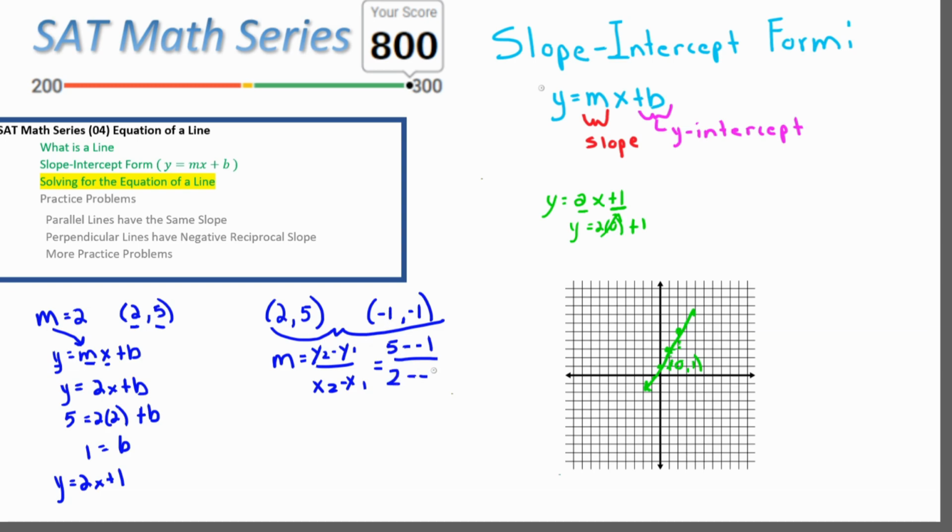And we see this minus -1 is going to be a plus, and you end up with 6 over 3, or 2. Now you have a slope, and you have two points, but just like the previous problem, with a slope and a point, you can get the equation of the line. So you would just proceed here the same way, plugging in either point, and eventually you would solve for your y-intercept, or b, equal to 1.